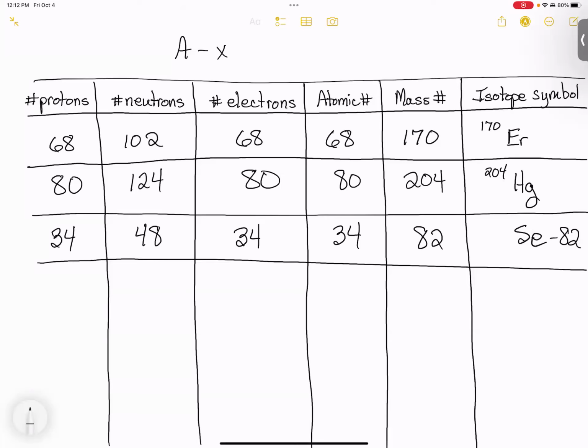So you will either be given the mass number or you'll be given the number of neutrons so that you can get to the mass number. Let me give you a moment to work through a couple.